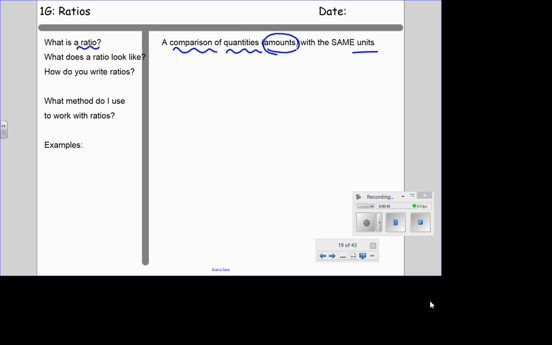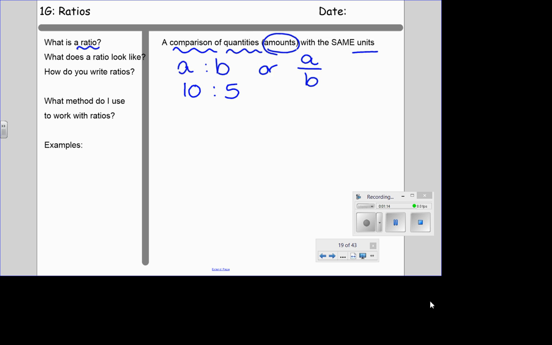How do we write ratios? They look like one quantity compared to another quantity using a colon. All right, sometimes we also might write them as a fraction. If I'm looking at fruit in a basket, I could have 10 apples to 5 oranges, right?